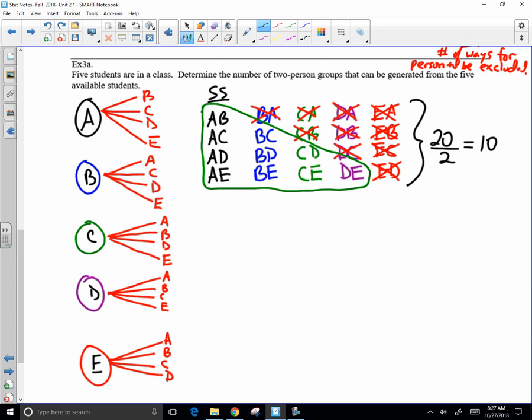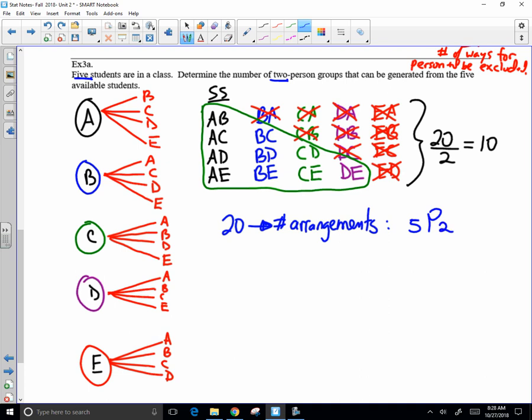All right, so the 20 is coming from the number of arrangements, which we would express as, well, we started off with 5 people, and we wanted 2-person groups, so 5P2.